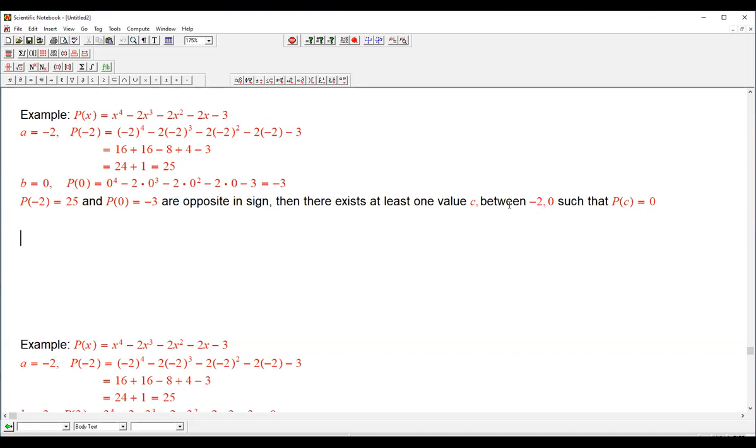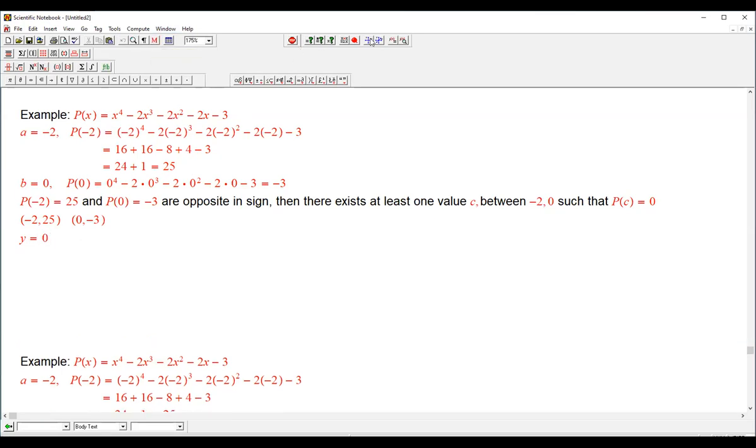P of -2 is 25, P of 0 equals -3. So if we put these on the dots, from -2 to 25, there's one point here, that's P of -2 equal 25. The other point is 0, -3. So now if we put these in the picture of the graph, what are we going to see?